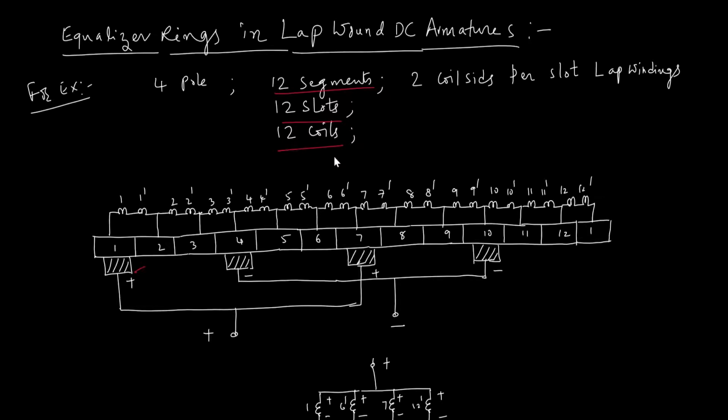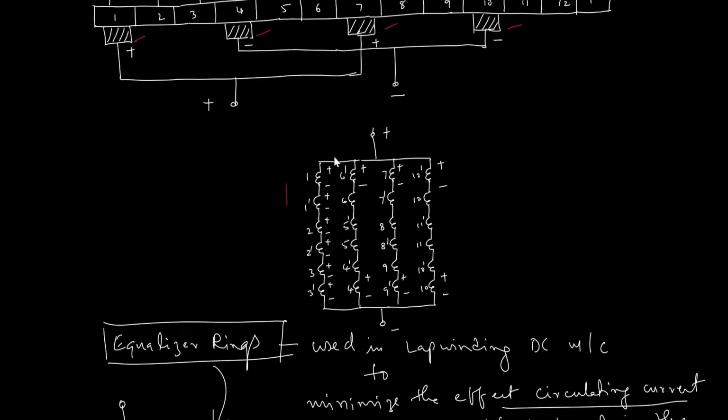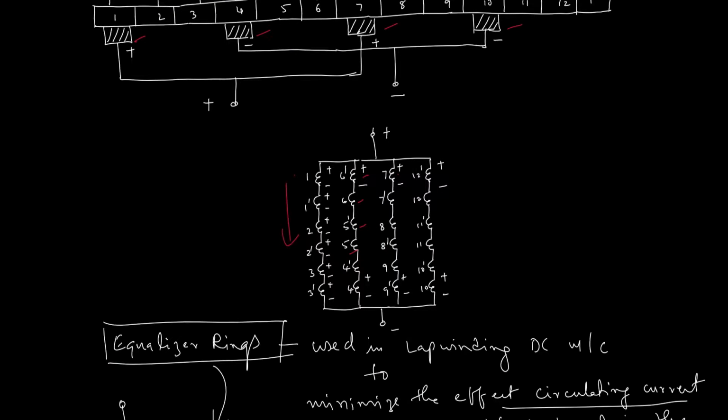Then we have the brushes 1, 4, 7 and 10, and the parallel paths with the corresponding coils: 1 1 dash, 2 2 dash, 3 3 dash in one parallel path; 4 4 dash, 5 5 dash, 6 6 dash in the second; 7 7 dash, 8 8 dash, 9 9 dash in the third; and 10 10 dash, 11 11 dash and 12 12 dash in the fourth parallel path.